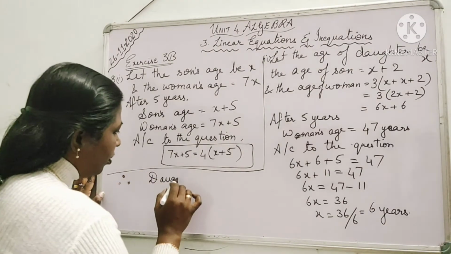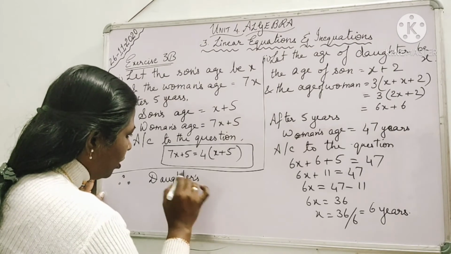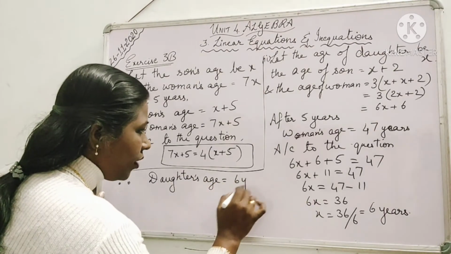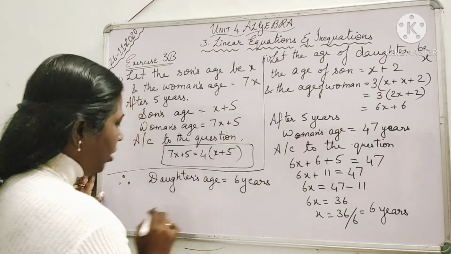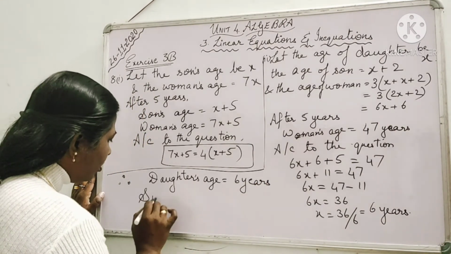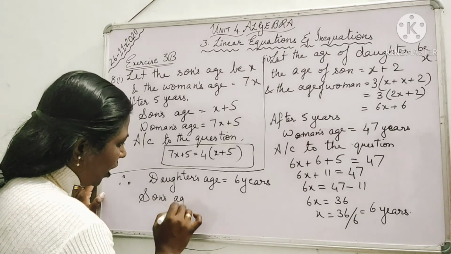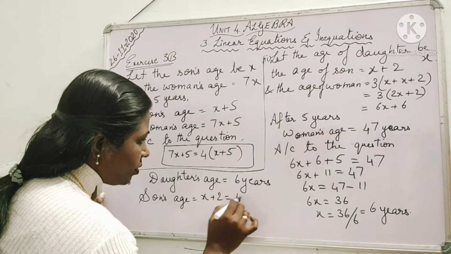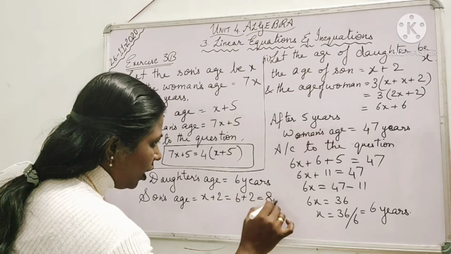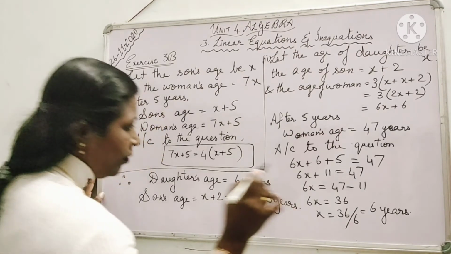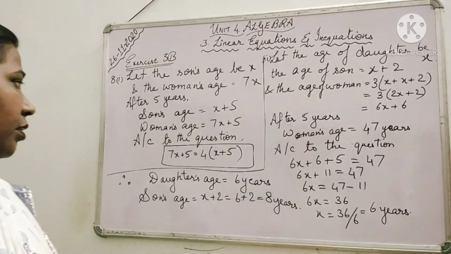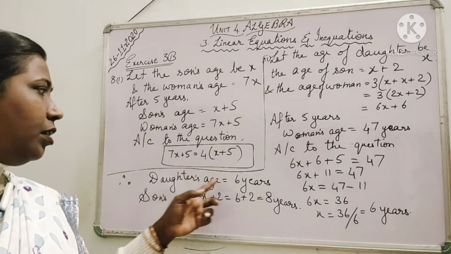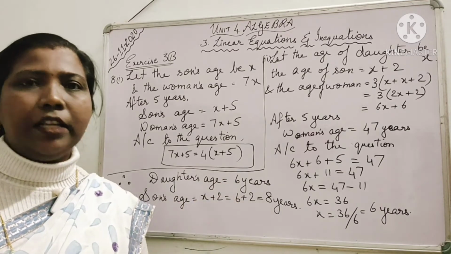Therefore daughter's age is equal to 6 years, and son's age is x plus 2, that is 6 plus 2 is equal to 8 years. Hence the children's ages are 6 and 8 years.